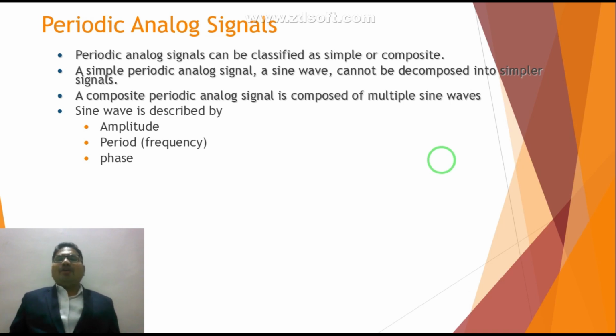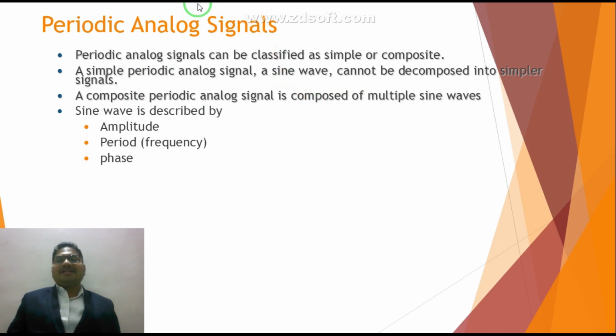So basically periodic signals can be classified as simple signals or composite signals. A simple periodic analog signal is just a sine wave and can't be decomposed into simpler signals. Whereas a composite periodic analog signal is composed of multiple sine waves.